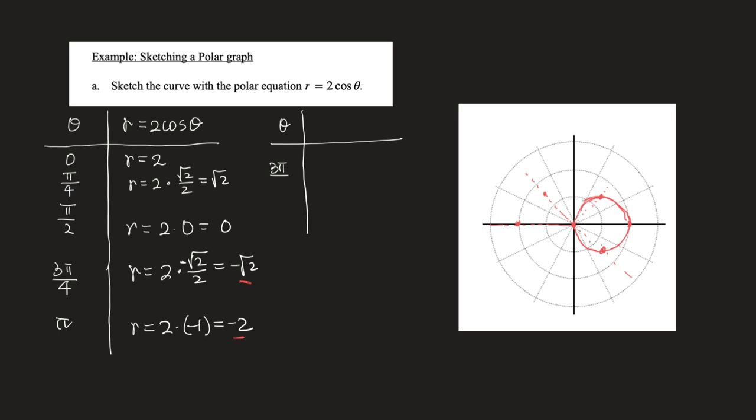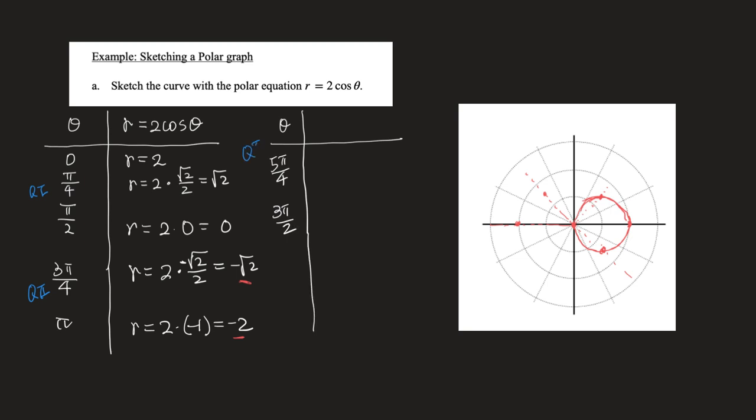Everybody make sense? This one is quadrant 1, this is quadrant 2. Let's go to the third quadrant, guys. The third quadrant is 5 pi over 4 until 3 pi over 2.